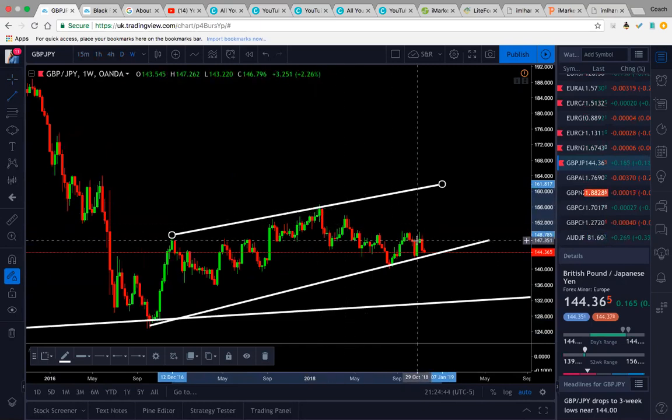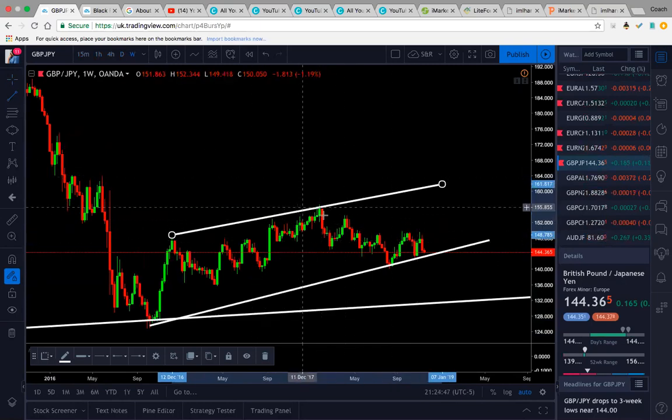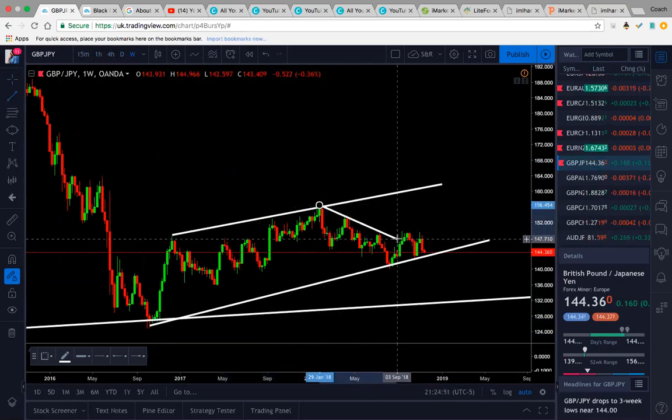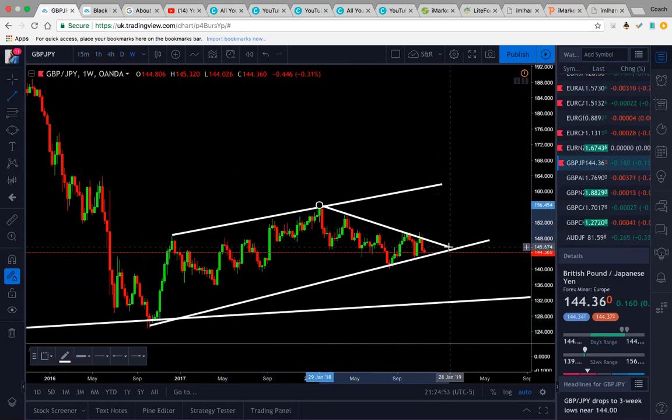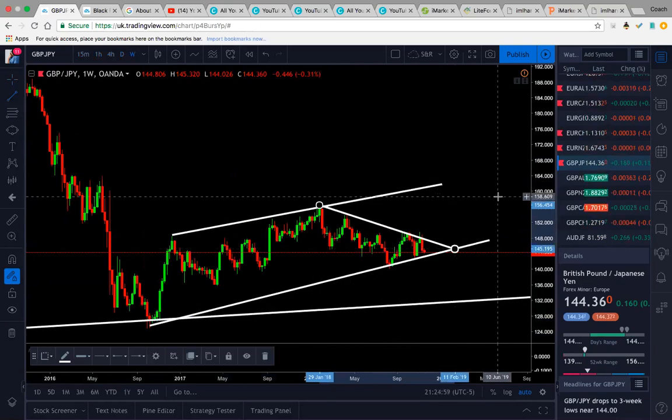But to me, it is a rising wedge. But even in this pattern, we have a pattern, because you can see this is a clear downtrend here at the moment. That's on the weekly.